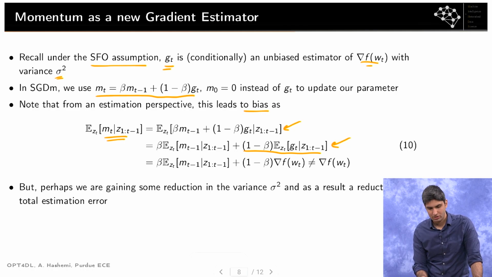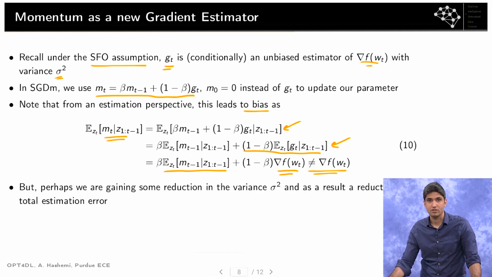So this conditional expectation is exactly the true gradient. On the other hand, for this term, that's not necessarily true. Therefore, this conditional expectation is not the true gradient at Wt, and we have some bias.